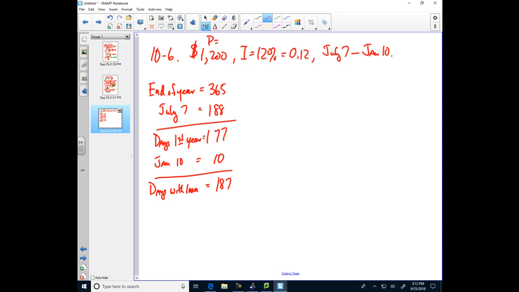Now here's what we're going to do. P equals IRT. Now, what's the instructions? The instructions say ordinary interest. Ordinary interest means the assumption is there's only 360 days in a year. But you still use 365 when you're figuring out the number of days.